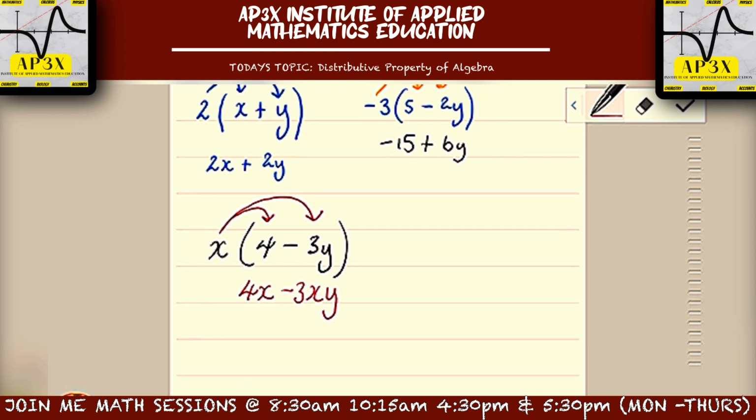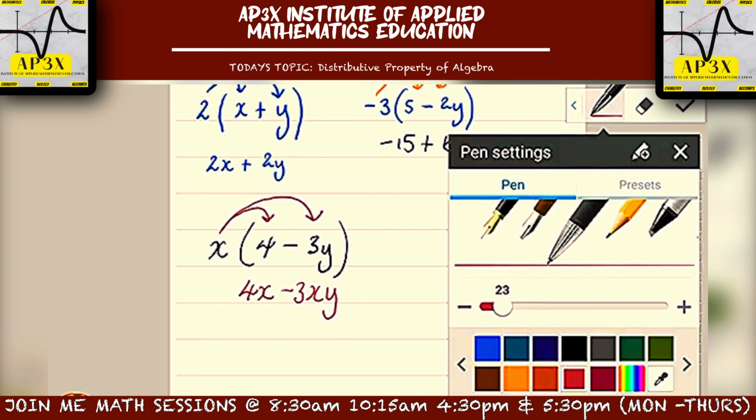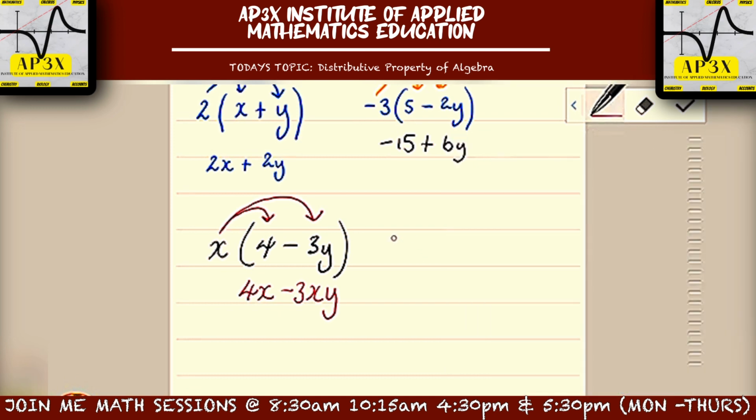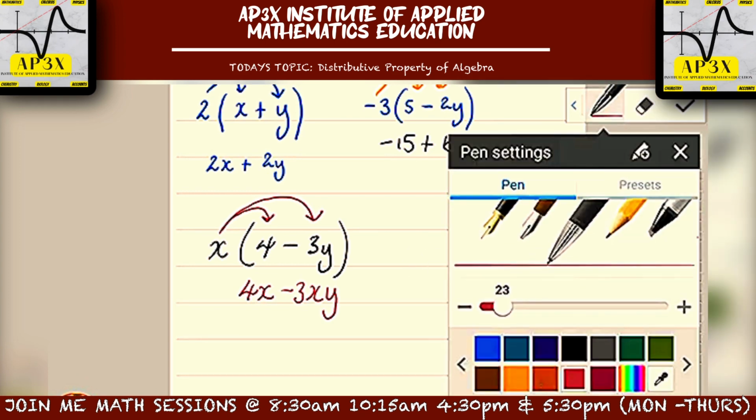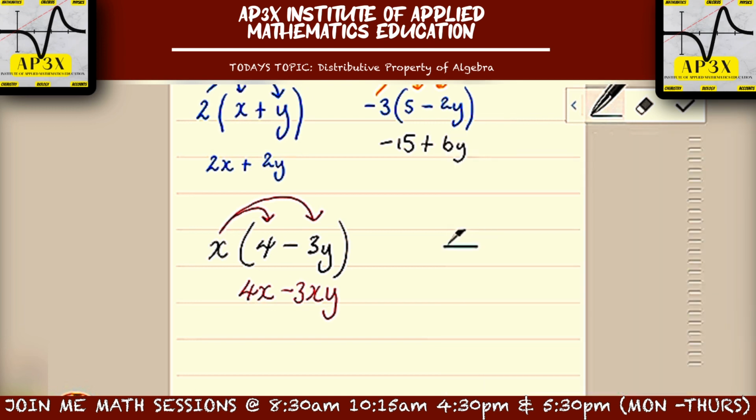All right, and then say, what if we have, say here, a number and a variable? So we did positive whole, we did negative whole, we did variable. Let's do a combination. Let's say then that we have 4x open bracket 2 minus 5y.